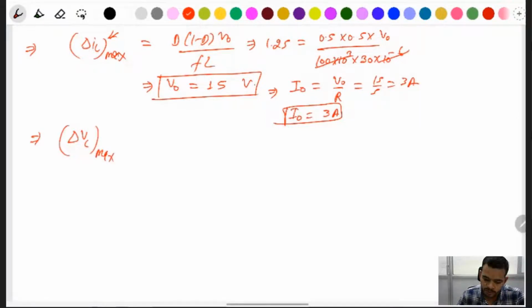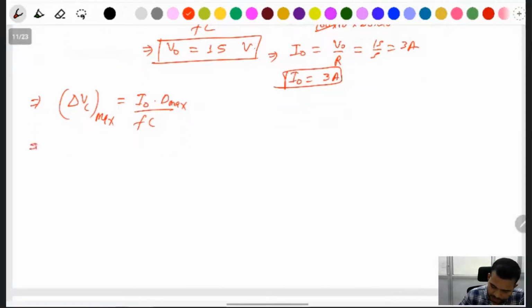Second condition is given, maximum ripple voltage. It means delta Vc is max. This is I naught into D divided by Fc, and when D is max, it means maximum delta Vc. It means I naught D max by Fc.